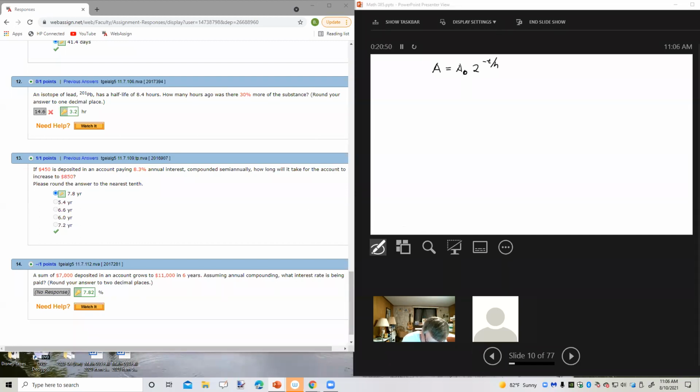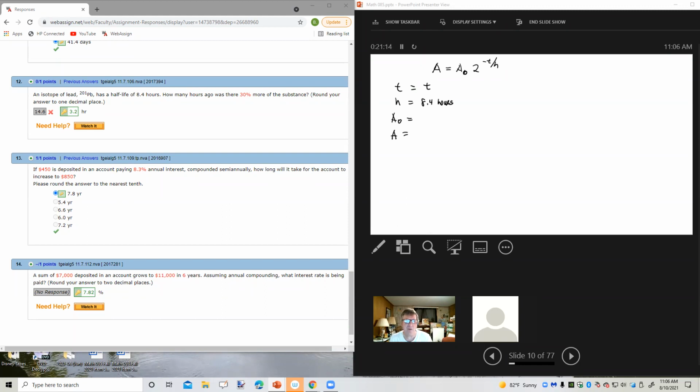And we need time, half-life, A sub 0, and A. An isotope of lead has a half-life of 8.4 hours. How many hours ago, so time is the unknown, was there 30% more of the substance?